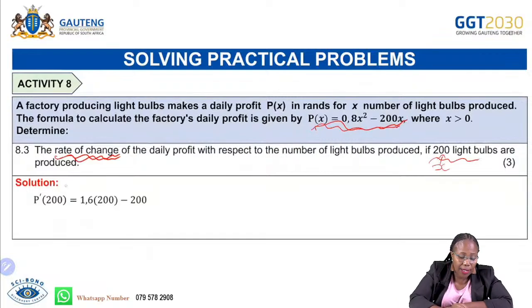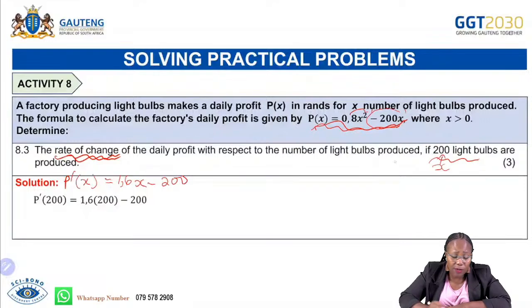So we have differentiated our formula. The derivative of profit with respect to x will be 2 times 0.8, which is 1.6, times x to the power 2 minus 1, and x to the power 1 gives minus 200 as the derivative. So we are now substituting x with 200.